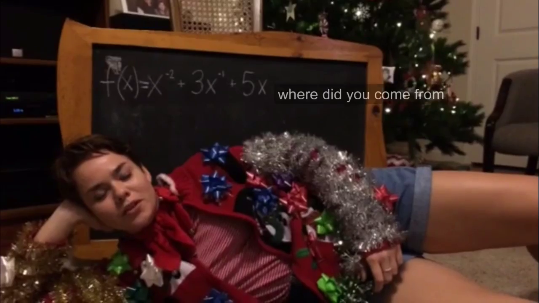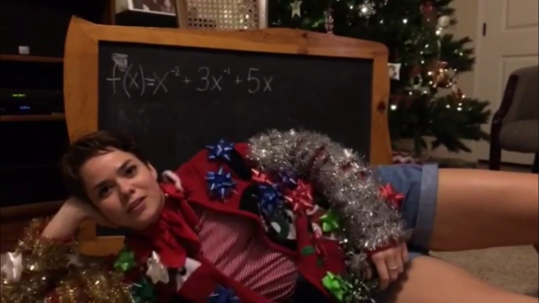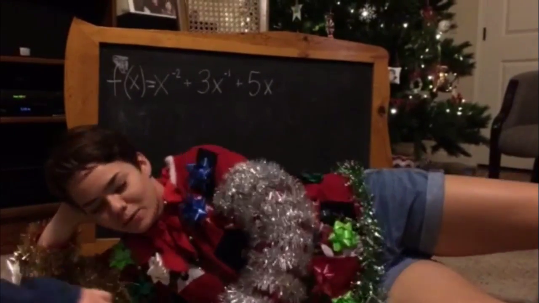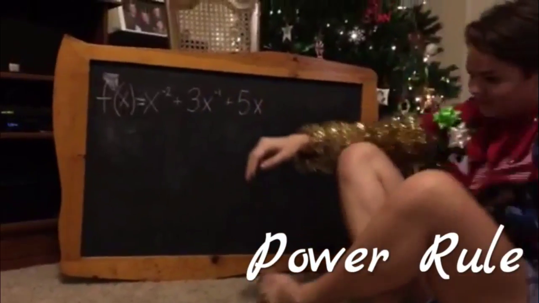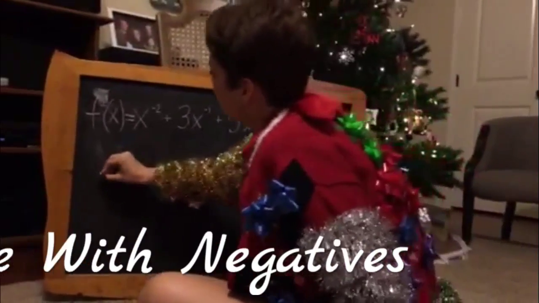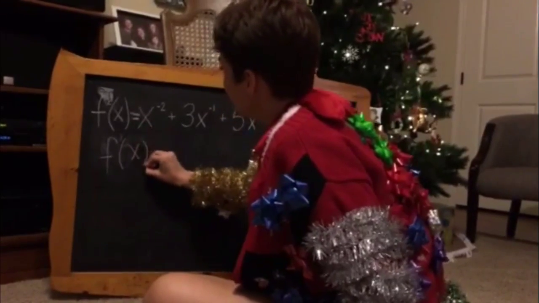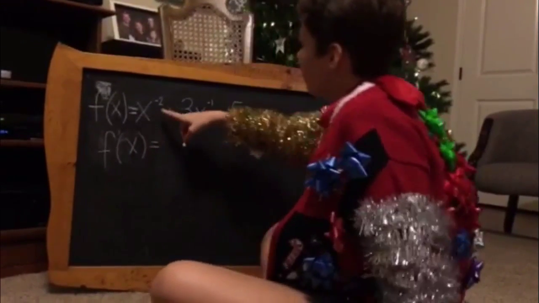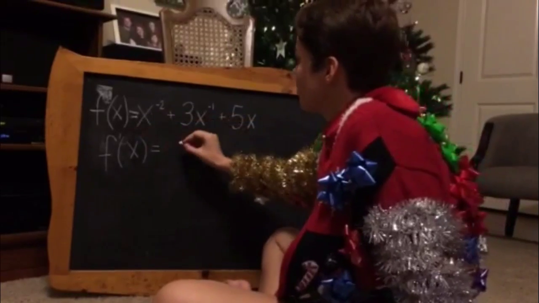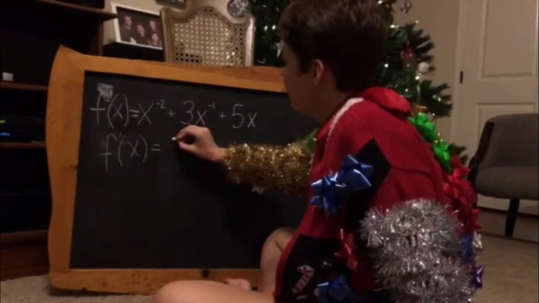So now we're going to learn how to do the power rule on negative exponents. So we start out with f prime of x equals, and then we bring the exponent down and multiply it with the number in front.